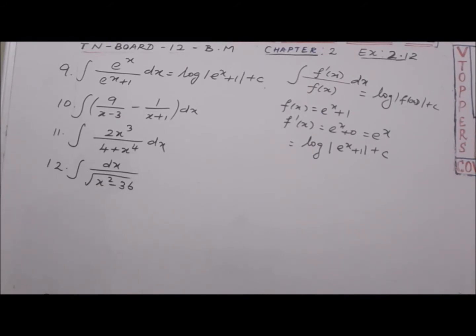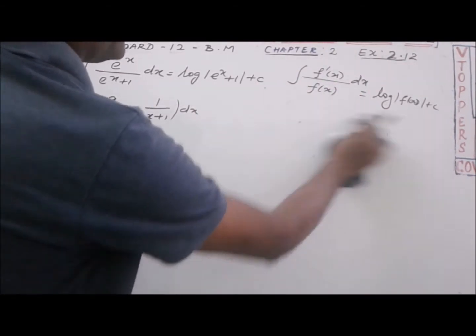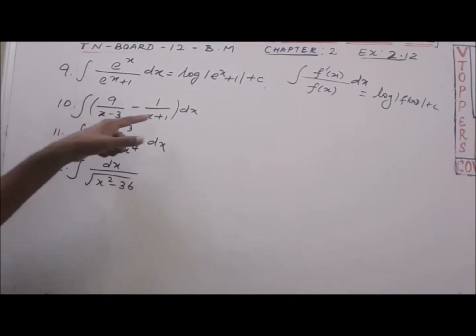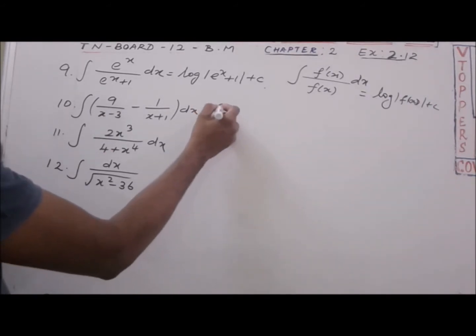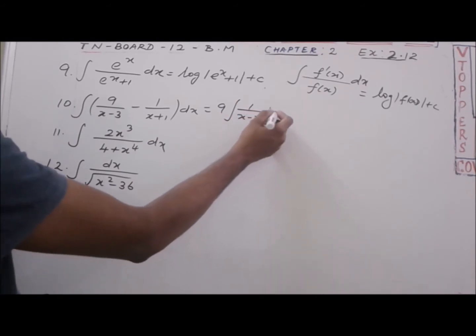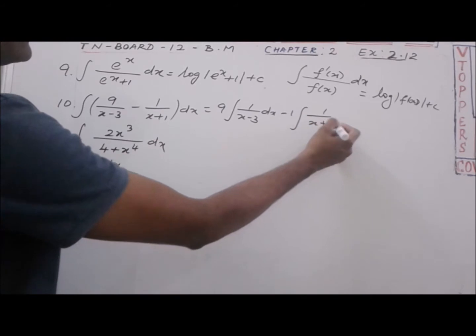Now question number 10. Look here: 9 by x minus 3 minus 1 by x plus 1. Here we can separate and integrate, which is equal to 9 into integral 1 by x minus 3 dx, minus 1 into integral 1 by x plus 1 dx.